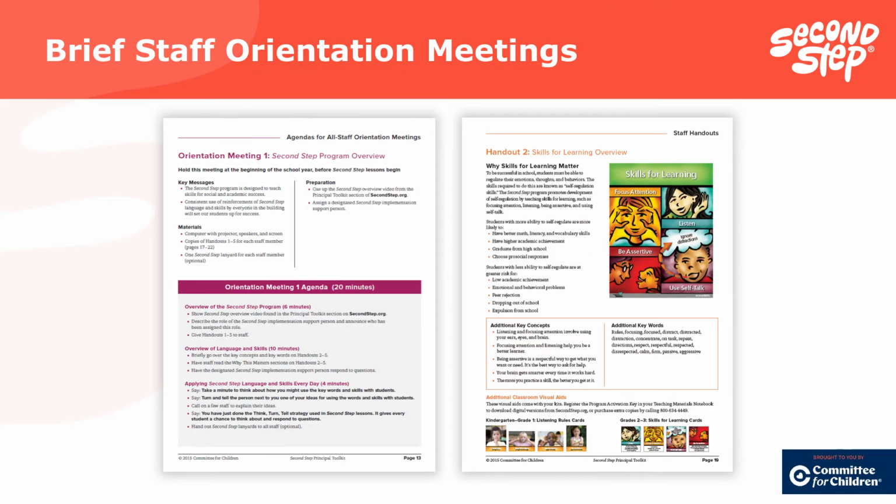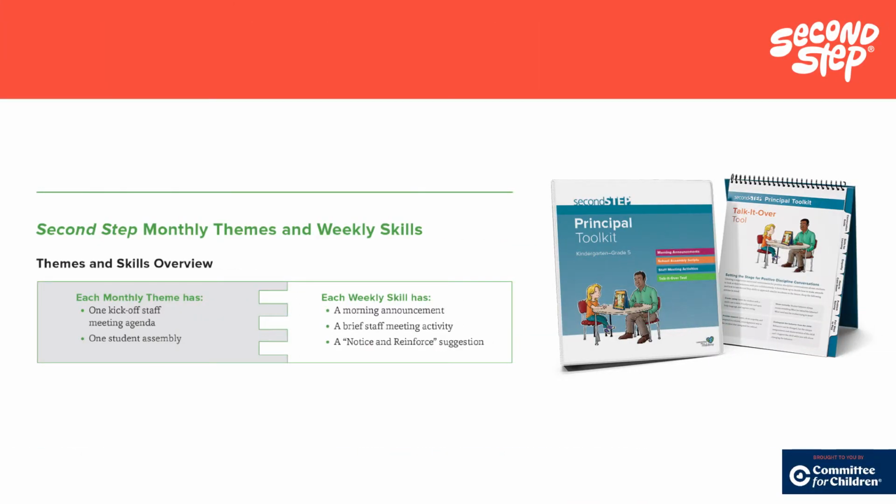The brief staff orientation meetings look like this. They're fully scripted. The first one takes 20 minutes. The second one is a 10-minute session. And within the Principal Toolkit, there are monthly themes and weekly skills. Each monthly theme has a staff kickoff meeting agenda and a student assembly. So those are monthly activities.